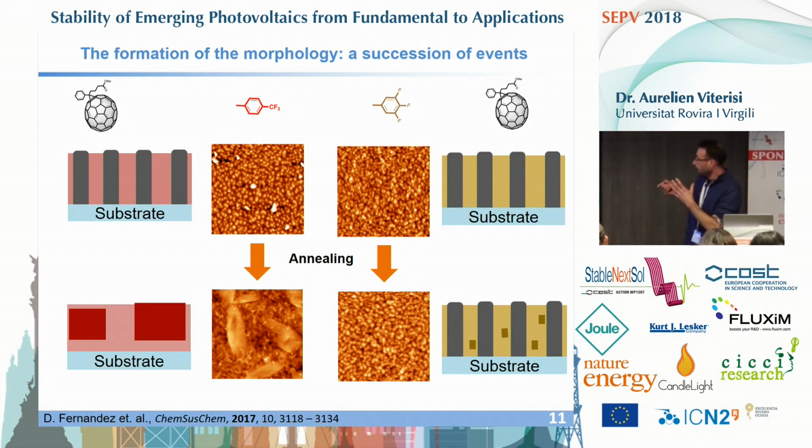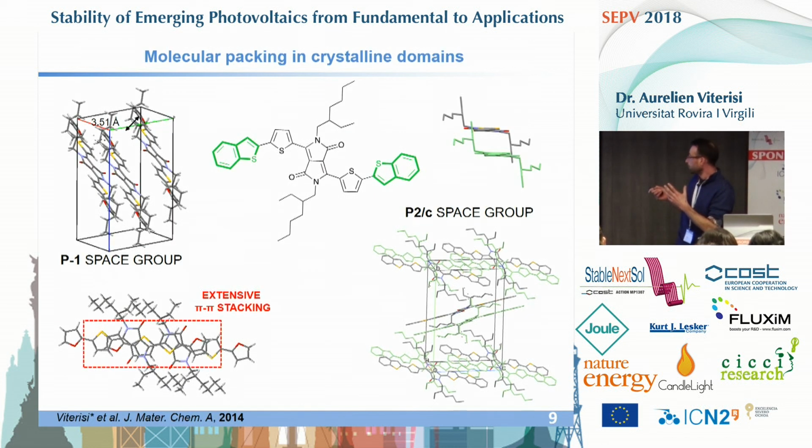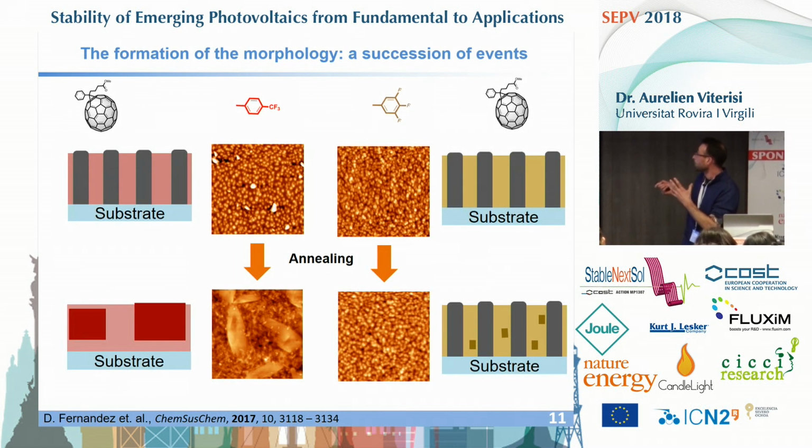These 2 molecules are probably the best ones to exemplify how crystalline growth occurs in active layers of organic molecules. They're very similar in structure, only differing in the position of the fluorine atoms on the benzene ring, and they start from a very different state before annealing.